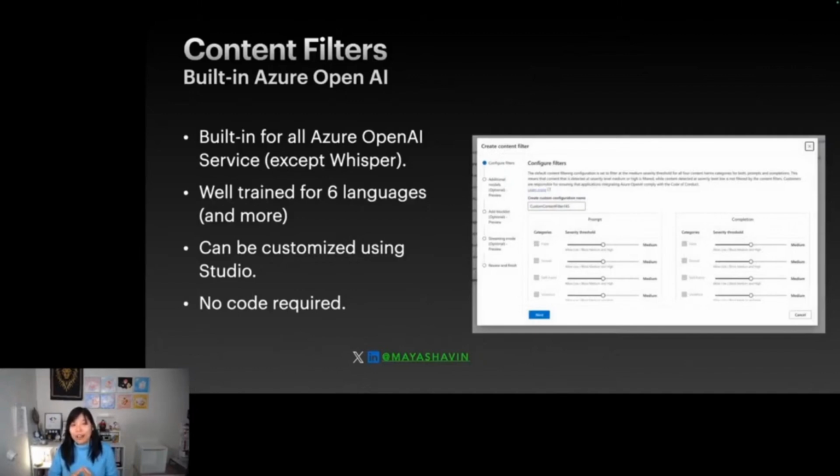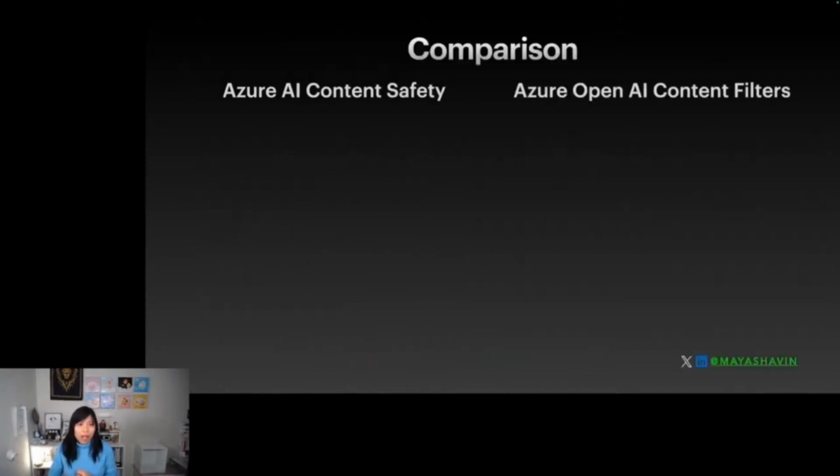In the Studio, you can create a custom content filtering template, and then you can play around with what kind of severity thresholds you want to set for your content safety. However, you cannot disable any category thresholds here. If you want to, you need to get proper approval from Microsoft.